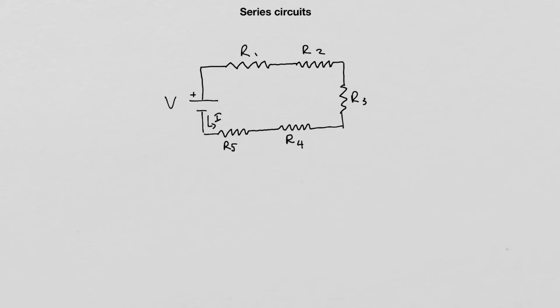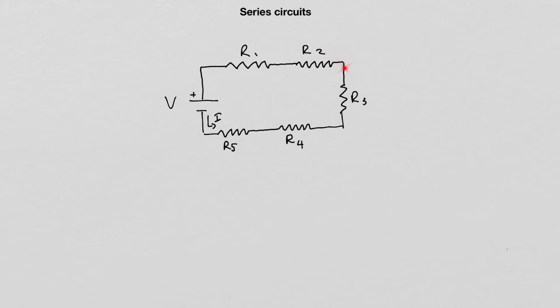So in this circuit, we have the power source, which can be, again, a battery or the power grid or any other source of potential difference in the circuit. The first resistor, R1, is connected to the power source with one of its ends, and then the other end is connected to a second resistor, R2.